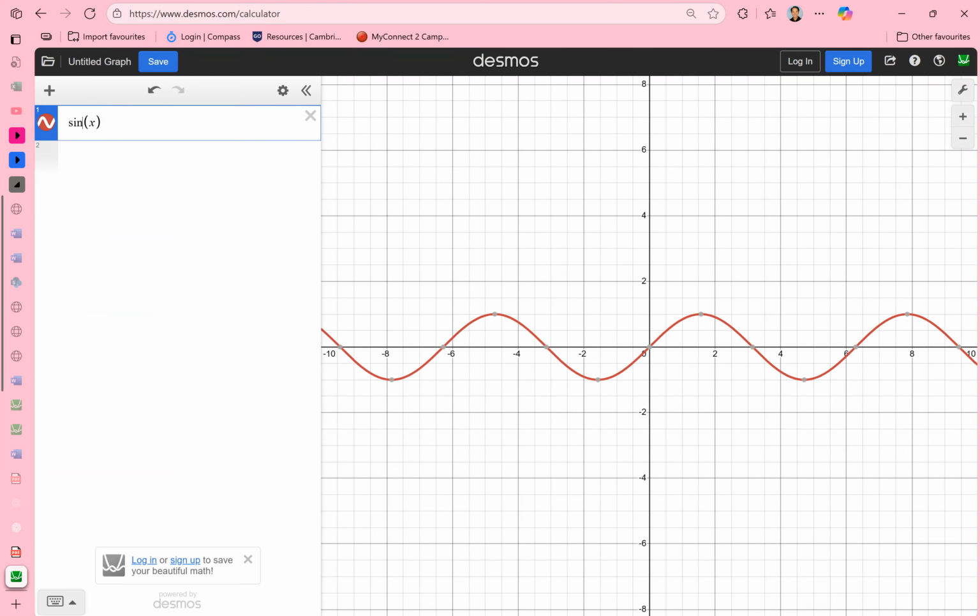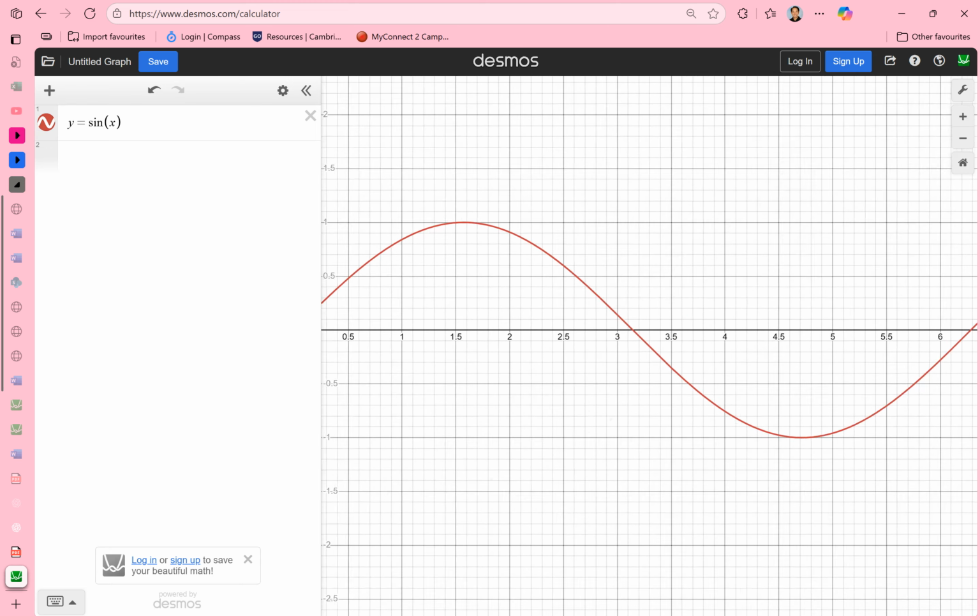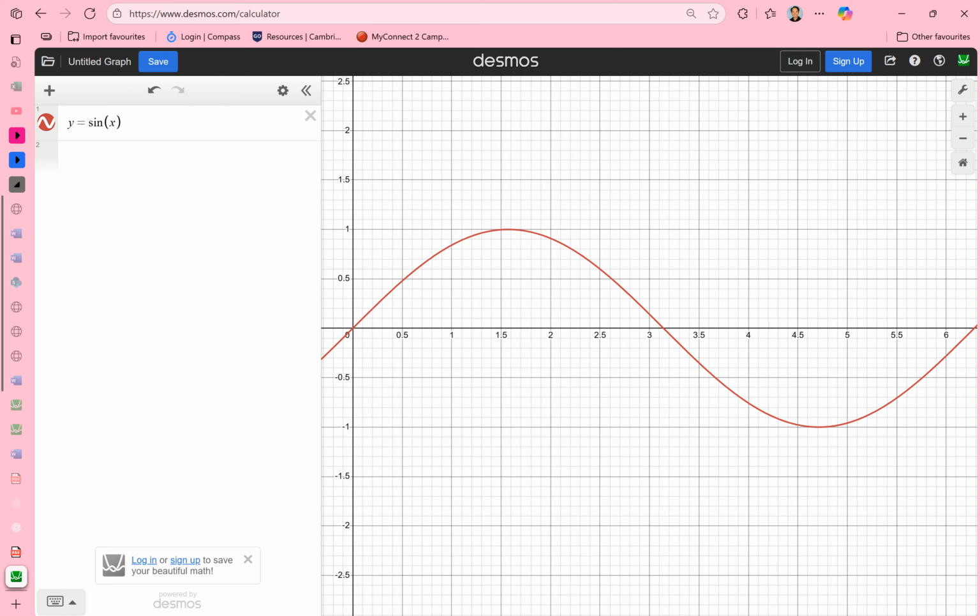let's see what happens. Y equals, let's zoom in. Here's my sine graph. What's my amplitude at the moment? What's the height from the midline to the maximum, or the midline to the minimum? What's it equal to? Anthony? 1.